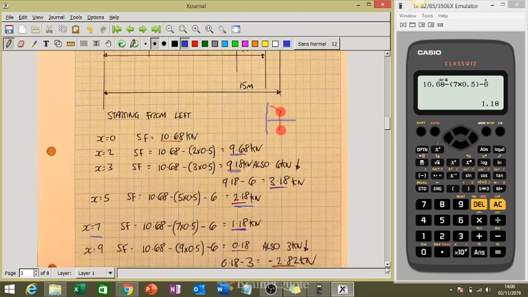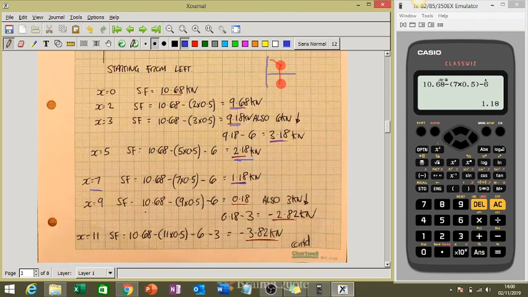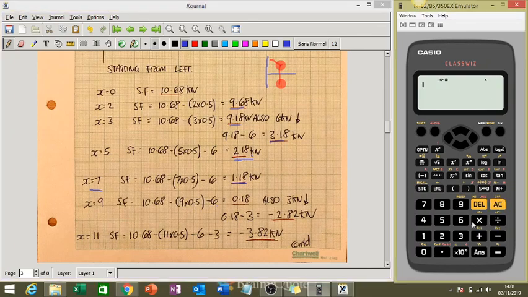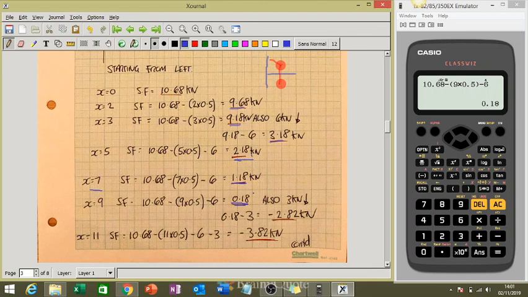So x equals 9, that's my force coming up, 9 meters worth of the 0.5, and the 6 coming down. So 10.68, take away 9 meters worth of my 0.5, take away my 6, 0.18, so that's 1 point. So make sure you plot that, 0.18 kilonewtons.